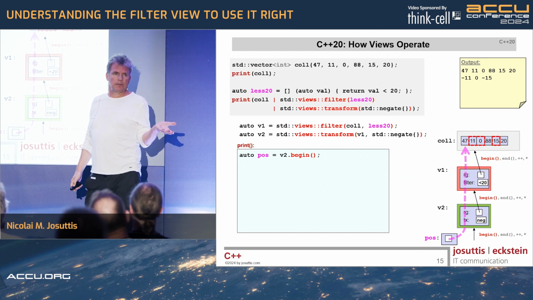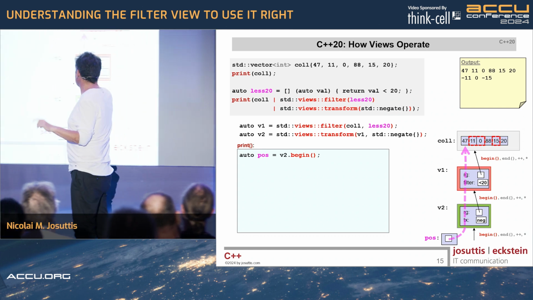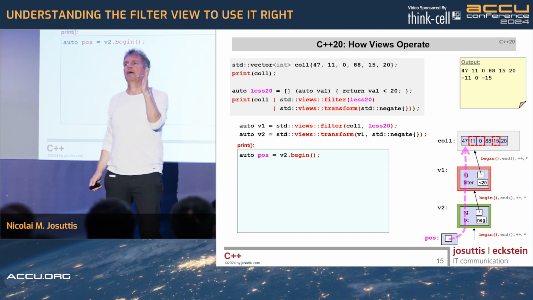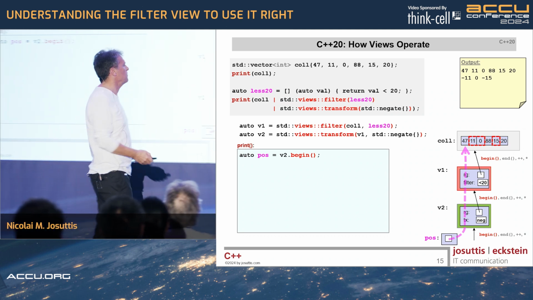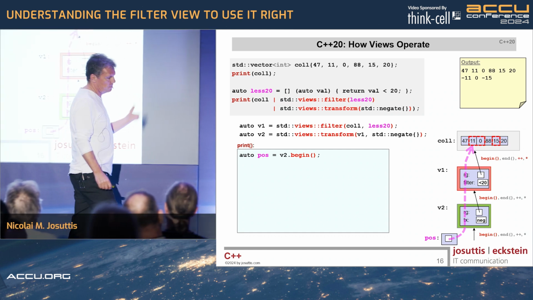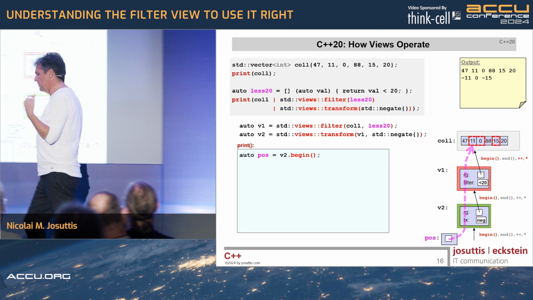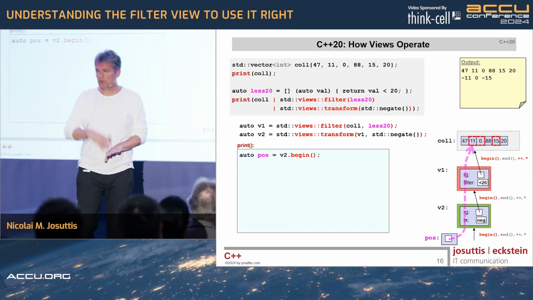That's not acceptable. So what does the filter do? The filter, still in the begin call, says, oh, let's increment to the next value. So it goes to the container and says, please give me the next value. Again, what the container gives you is the position of the next element, and then the filter calls star to look at the value.